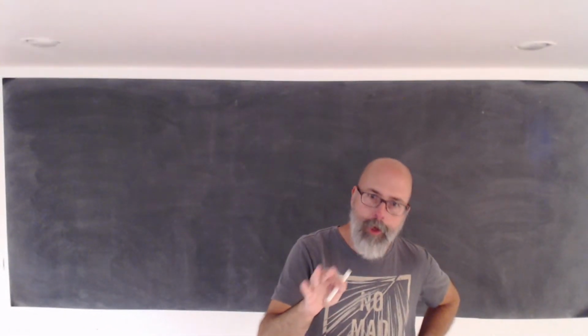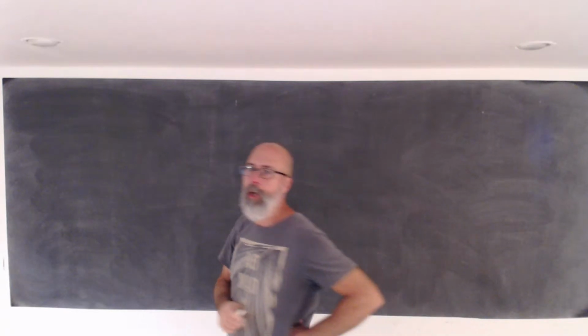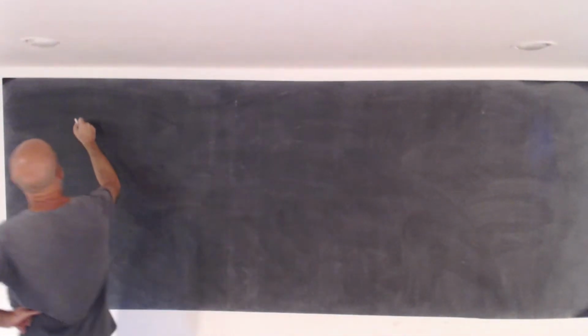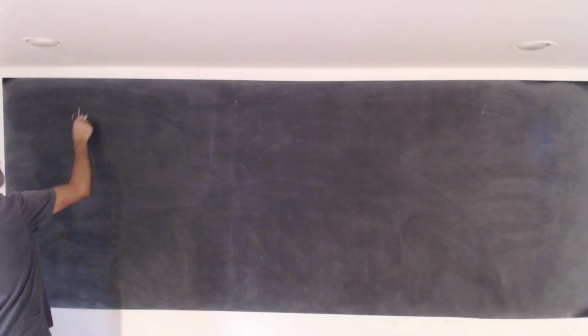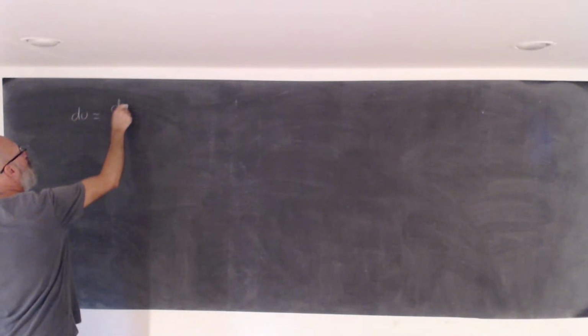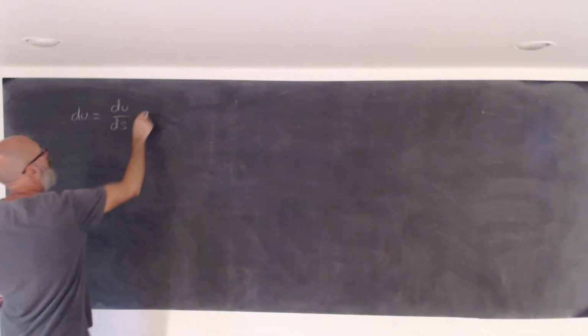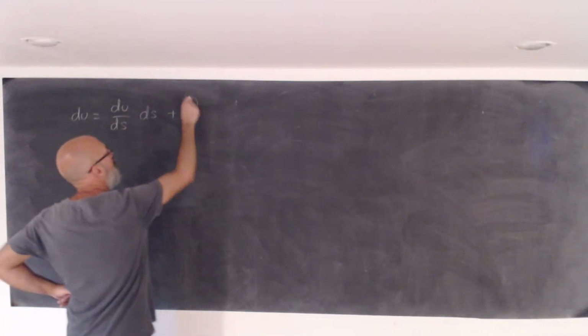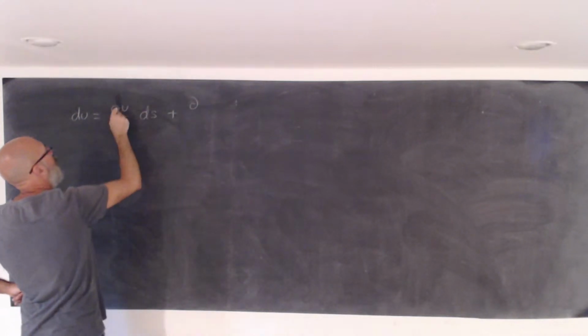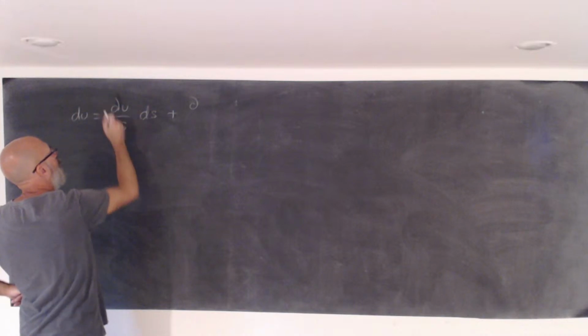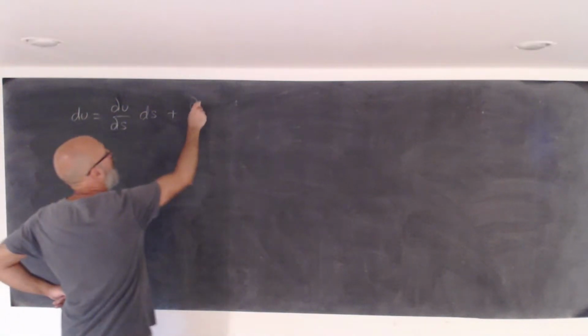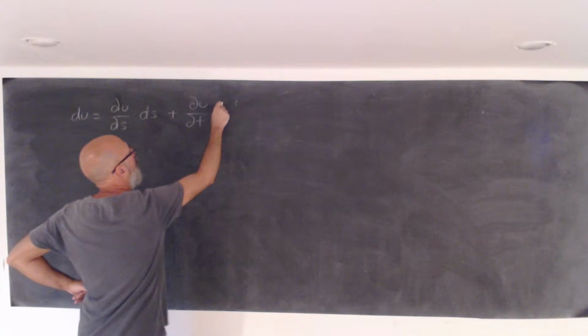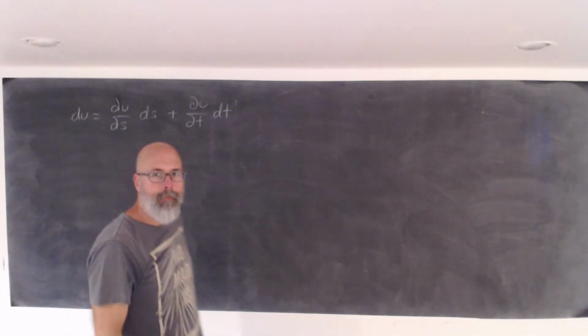We did not cover it, but let me tell you what the answer is. du is du ds times ds plus du dt.